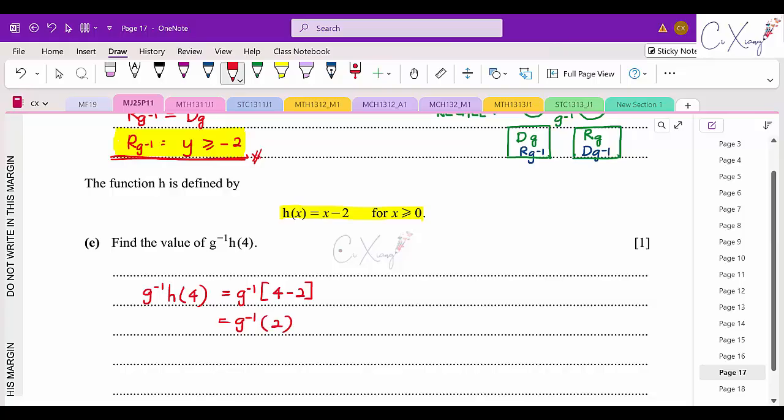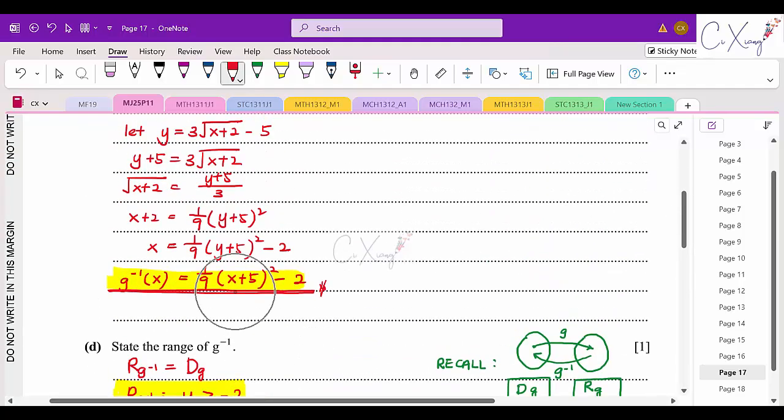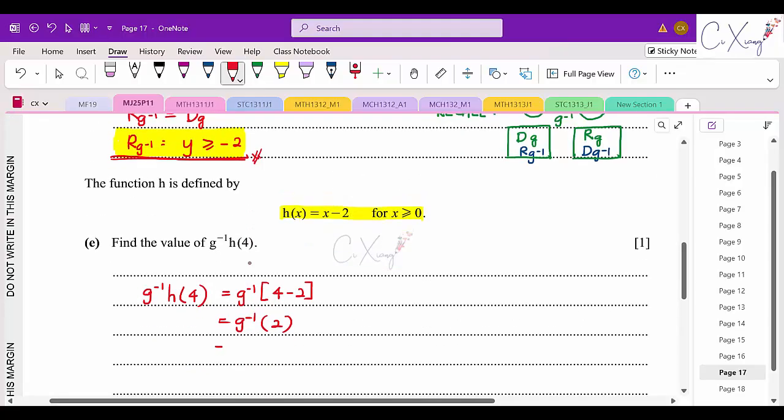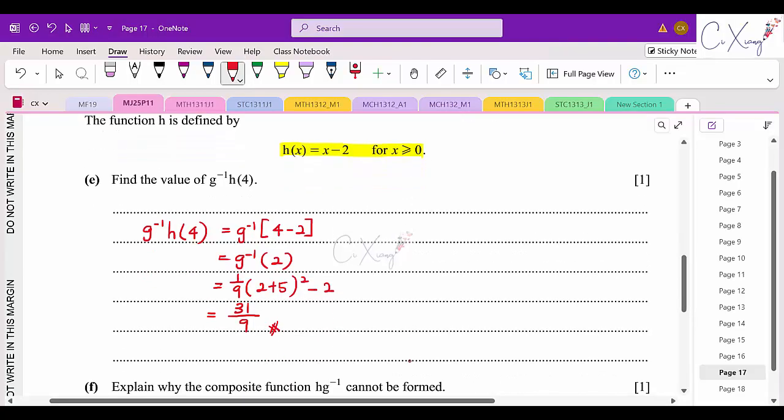Now substitute the 2 into our G inverse function, which is this one: 1 over 9, then (2 plus 5) power 2, then minus 2. If you simplify this particular part here, you'll be having 31 over 9. It's also a simple question, right?